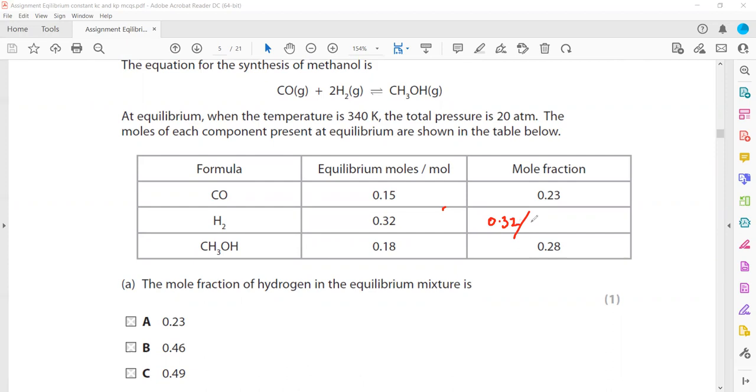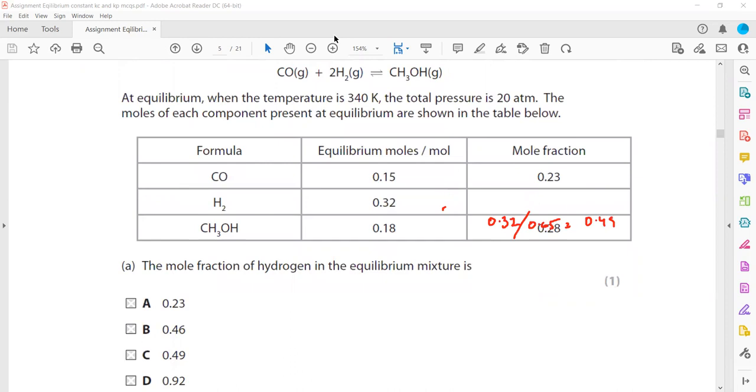This gives us 0.65. So 0.32 divided by 0.65 will give us 0.49. So the mole fraction for hydrogen is 0.49. So C will be the right answer. To get the mole fraction, take the moles of that reagent divided by the sum of all the moles.